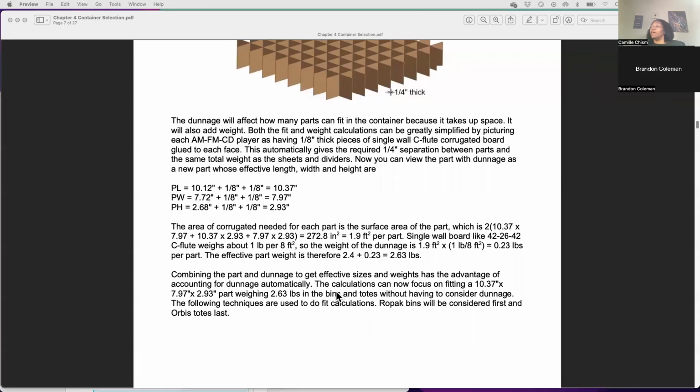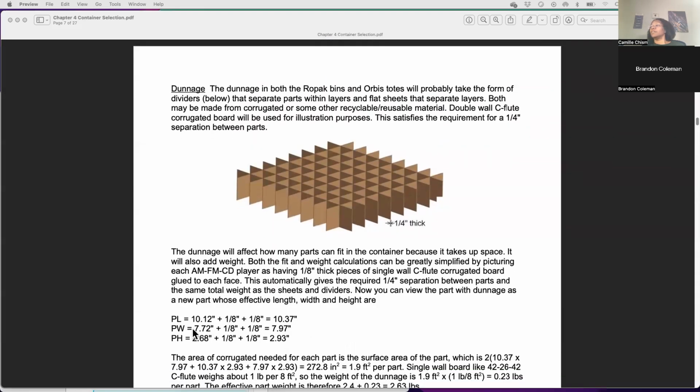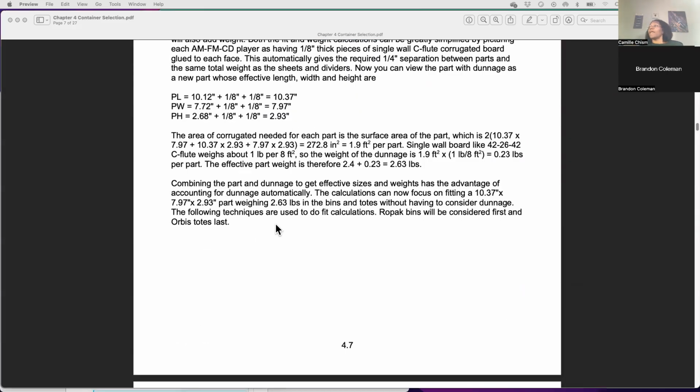So now you've calculated your size and your weight, but you're really looking at how to fit your part, which is the part inside that dunnage, into your bins and totes. And by doing this, you've already fit that in there.